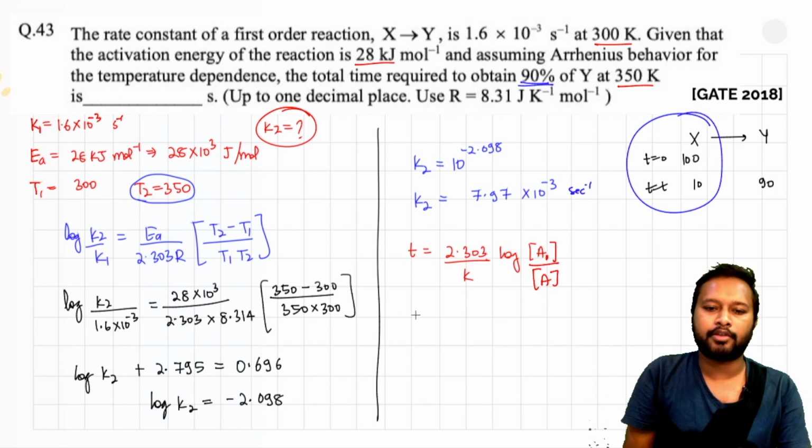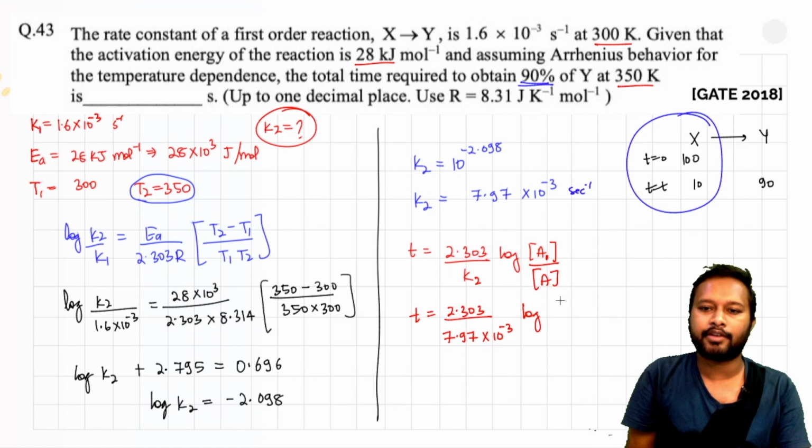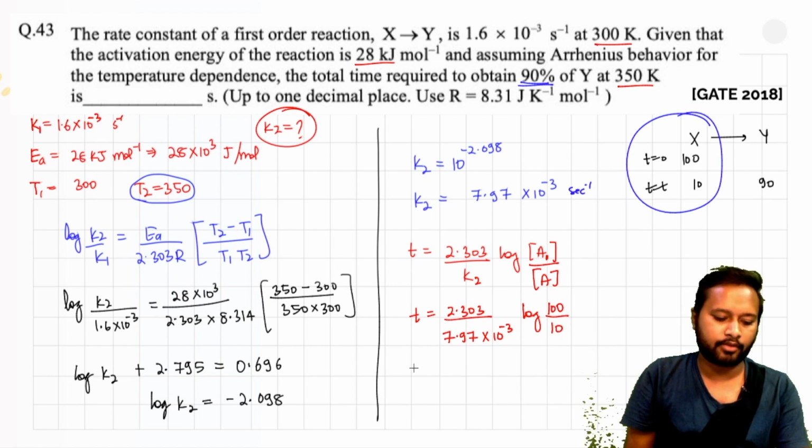Substitute the values here: t will be equal to 2.303 upon k, which is your k2, because you are finding out everything with respect to this particular rate constant. So 7.97 into 10 to the power minus 3, and then you have log, where initial concentration is 100 and final concentration is 10. So just solve this and you are going to get your answer.